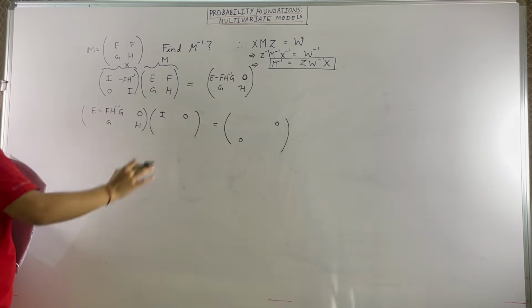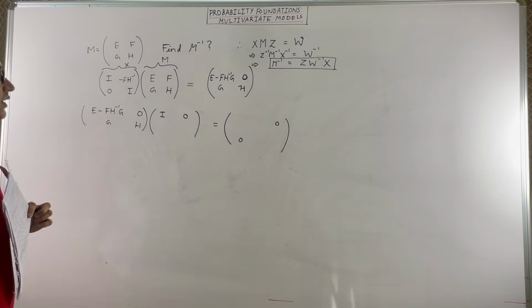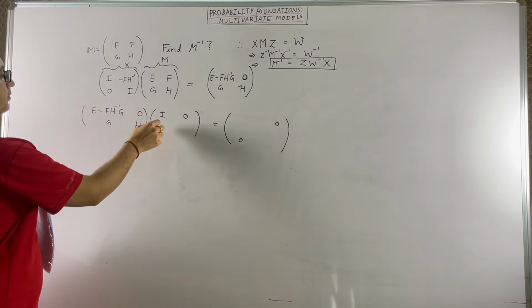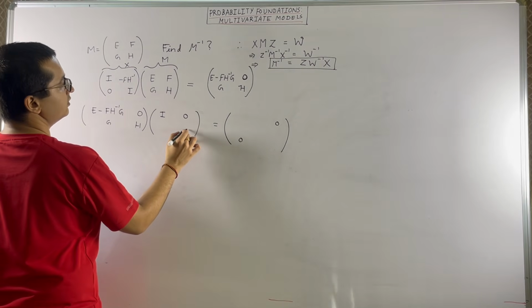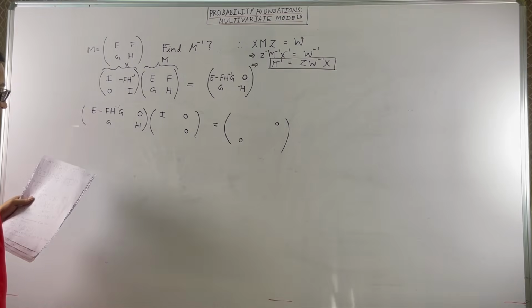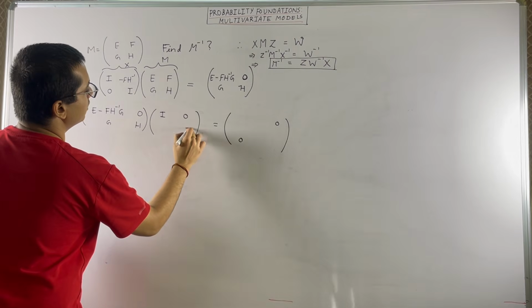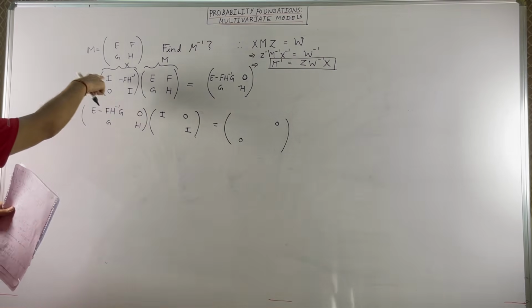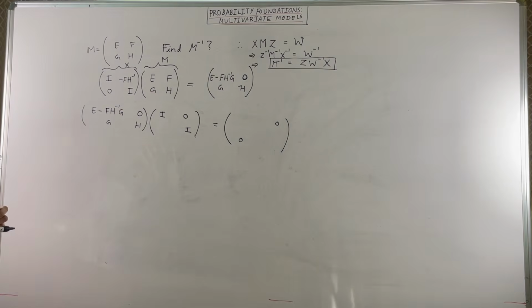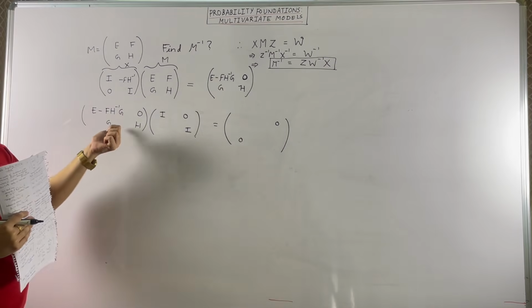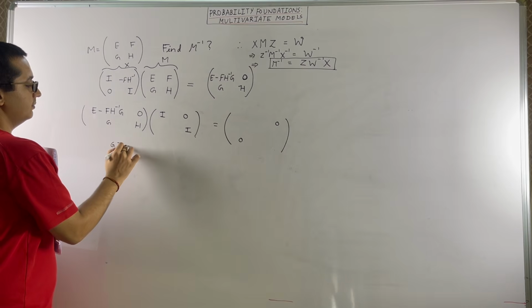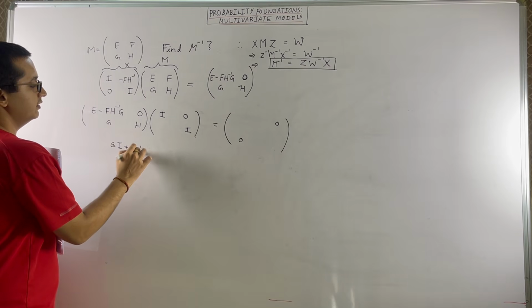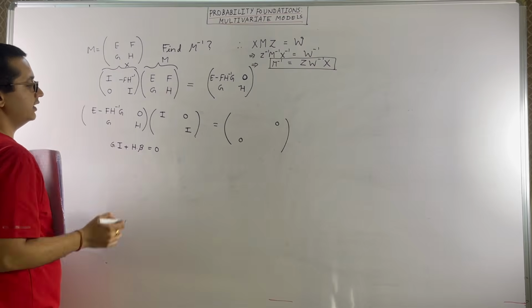So here we will not touch the first row when we are trying to change. So you get some E times something, and of course here also you keep an I, because diagonals we are keeping identity. All right, so tell me what should this term be. So it is G, okay, so G times I plus H times something should give me 0, right?